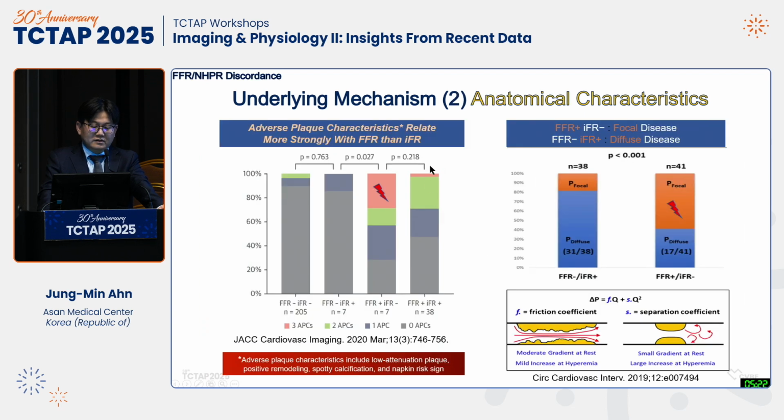In addition, what are the anatomical characteristics? FFR-positive discordant is more frequently associated with adverse plaque characteristics. In addition, more focal lesions. iFR-positive discordant is associated with diffuse lesions and less adverse plaque characteristics.